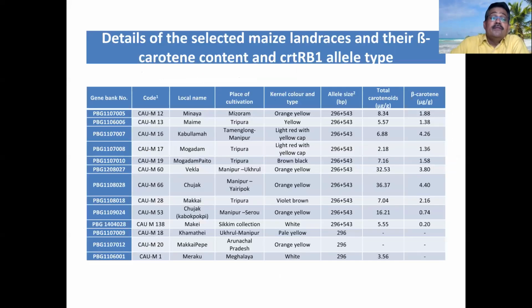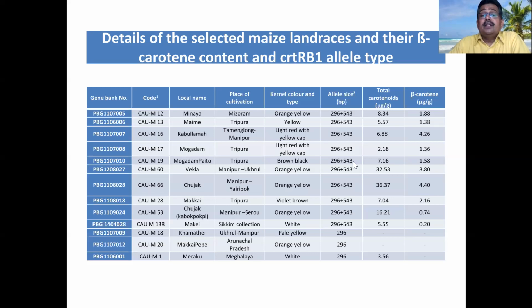So what do we do? We have to look for other sources. We also looked at the northeast, because the northeastern region has some of the highly diverse maize lines available. There are a lot of colored corn you can get: orange, yellow, many kinds of corn. So we worked on all the northeastern lines with the CAU in Manipur.